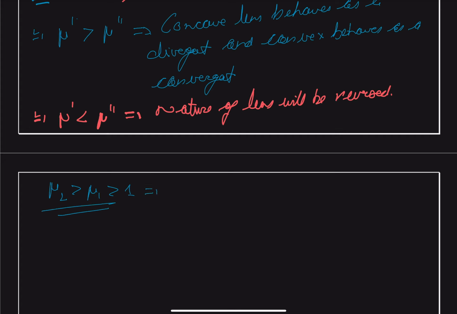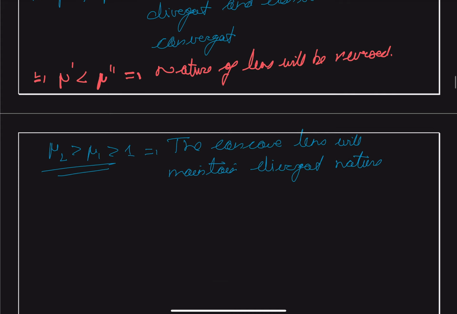So which basically means that the concave lens will maintain divergent nature if it is filled with L2 and immersed in L1. Immersed in L1.